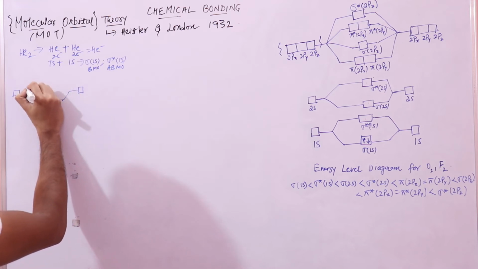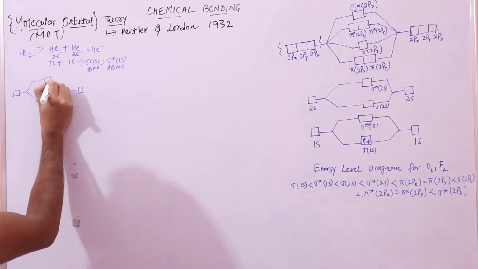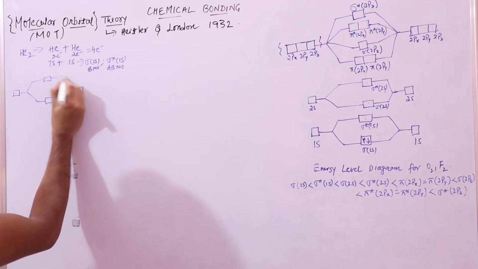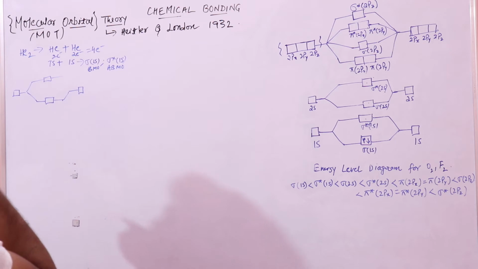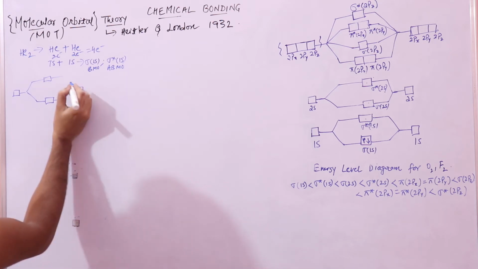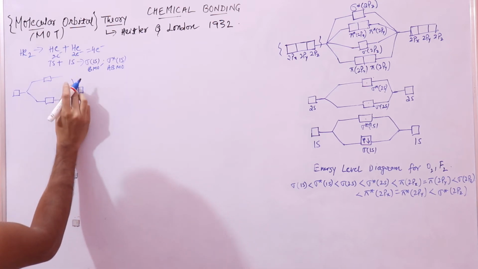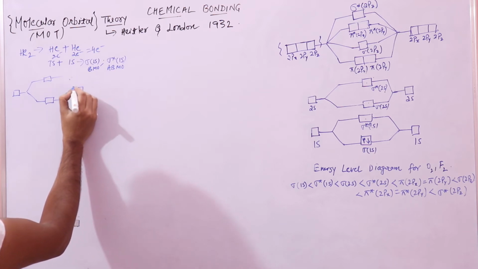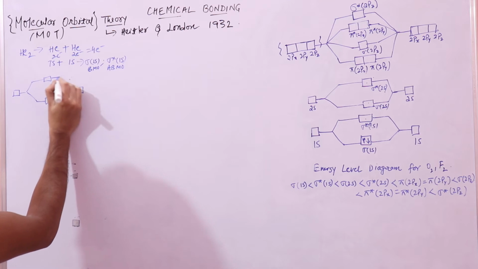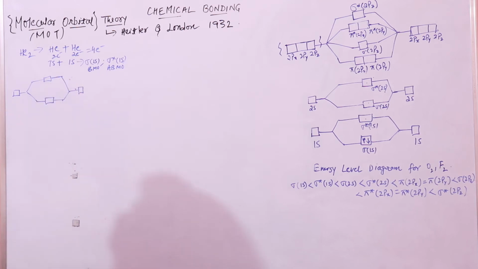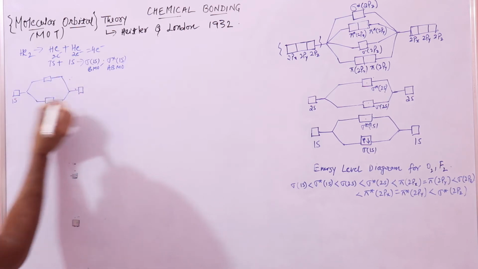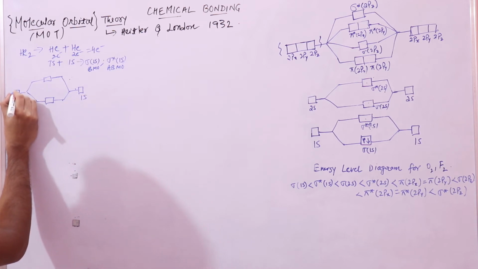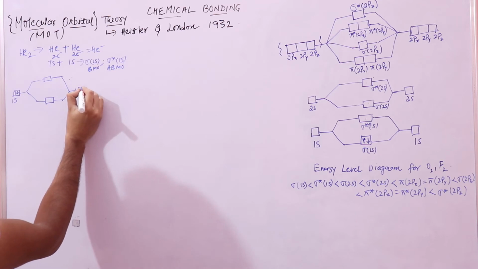This is how it will look. 1s orbital, 1s orbital, 2 electrons in this orbital, 2 electrons in this orbital.